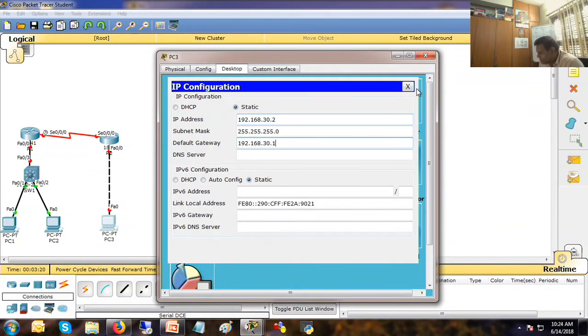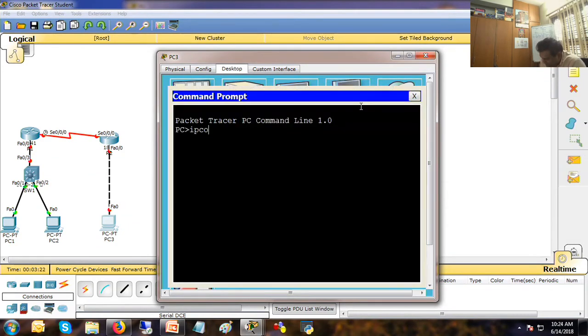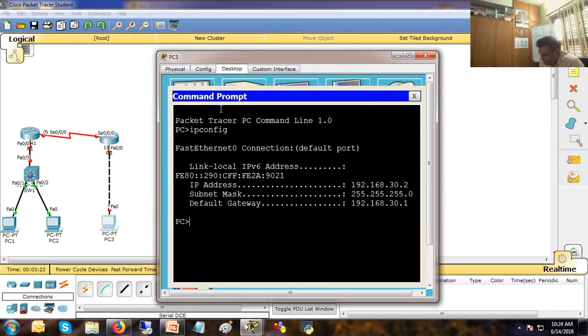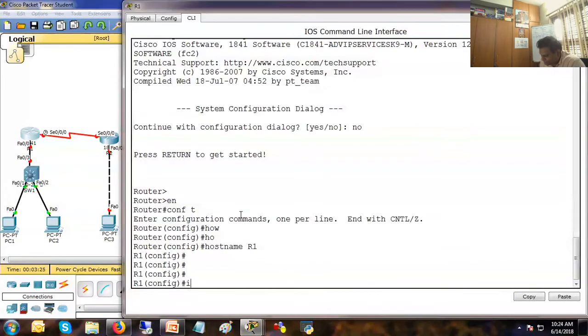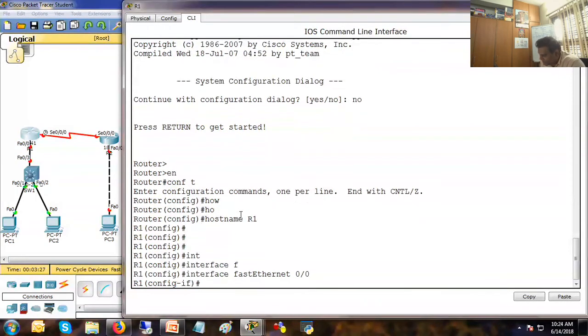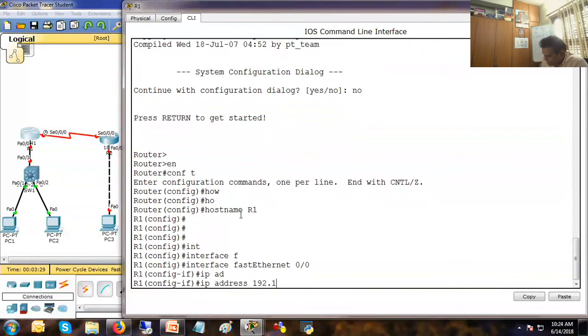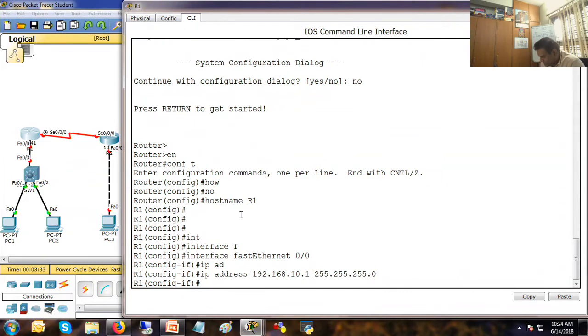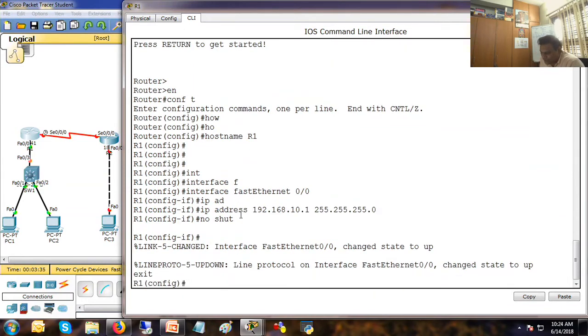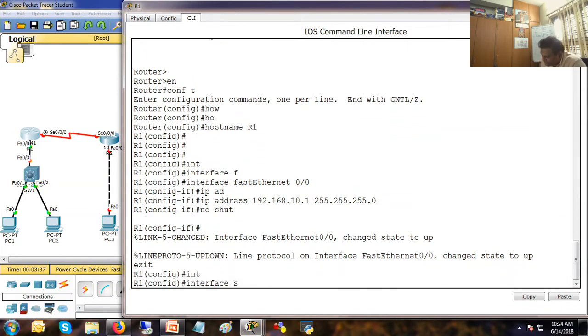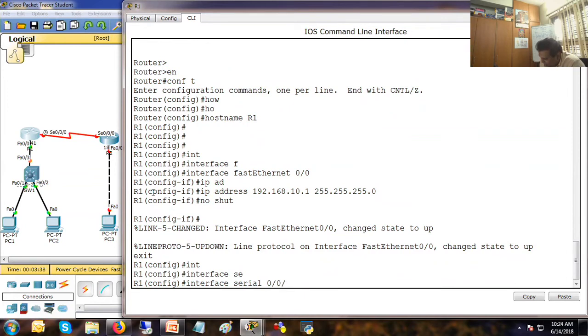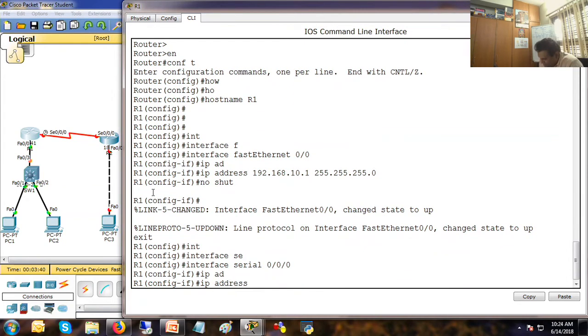Now R1 FA0/0, what is the IP address? 192.168.10.1. Next, interface S0/0/0 IP address: 192.168.20.1 /24.